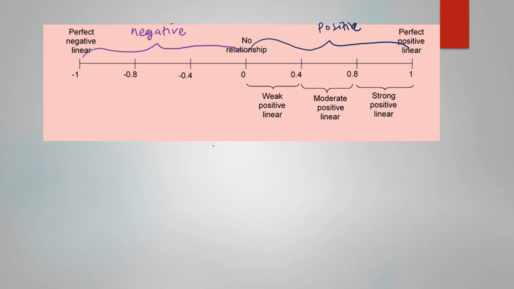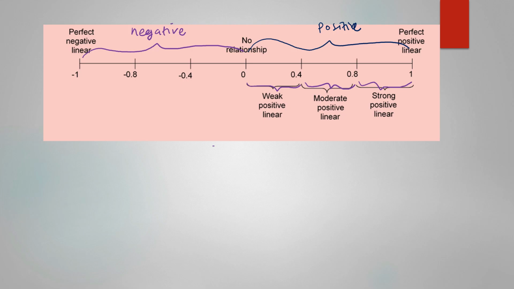From 0 to 0.4, the value is defined as weak positive linear. From 0.4 until 0.8, the value is defined as moderate positive linear. And for 0.8 until 1, the value is defined as strong positive linear.